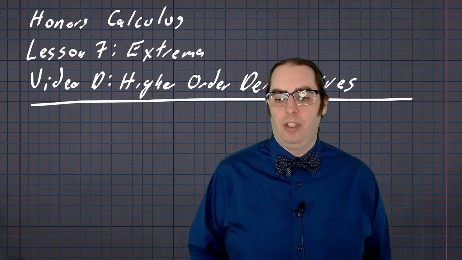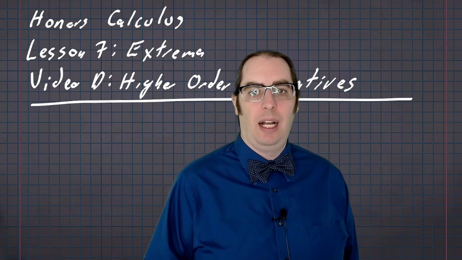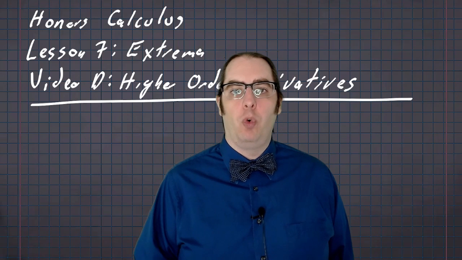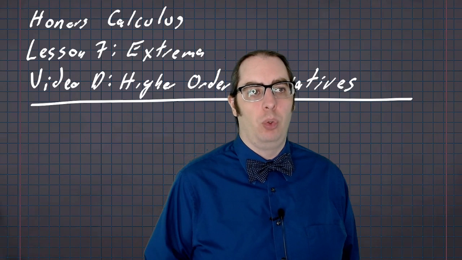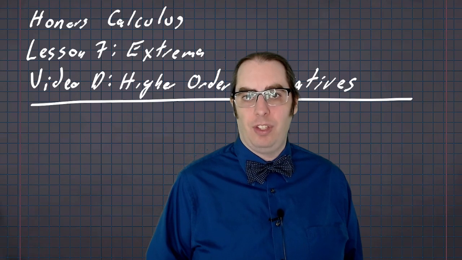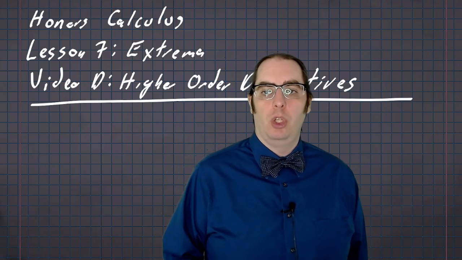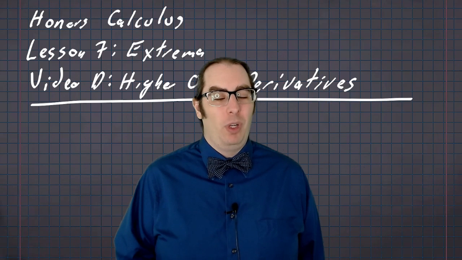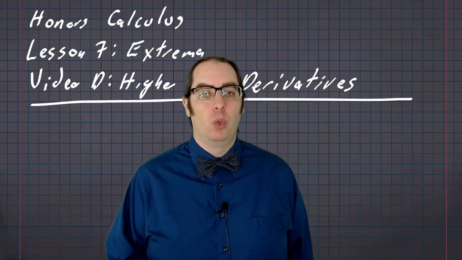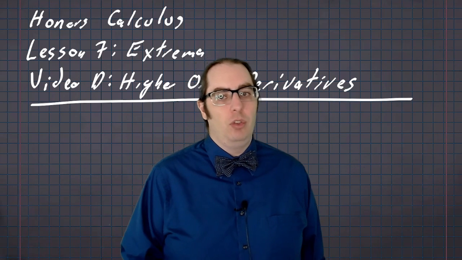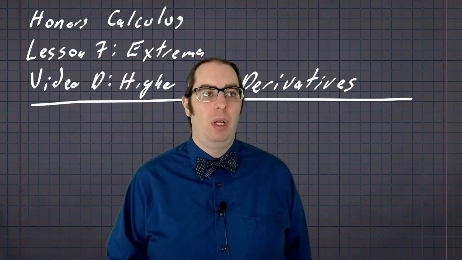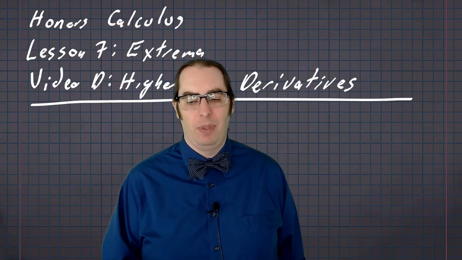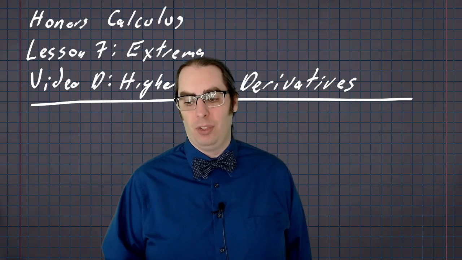In the next lesson, we're going to take the idea of extrema and try to expand it out and use it to form some tools that will allow us to graph functions fairly nicely without needing to resort to computer graphing tools. And one of the things that we're going to need in order to look at that is to look at how our rate of change of a function changes over time. We call that the second derivative.